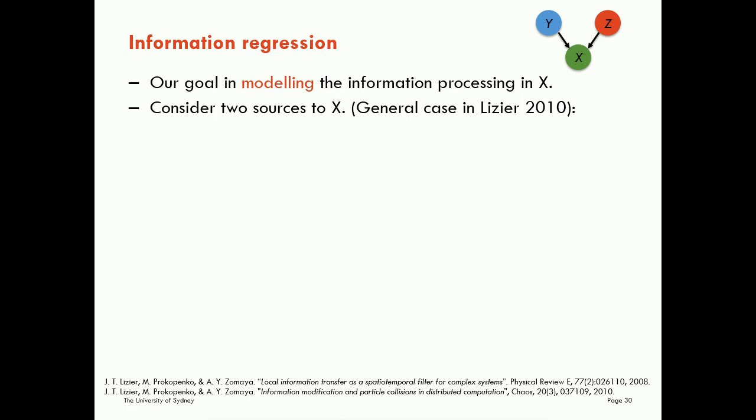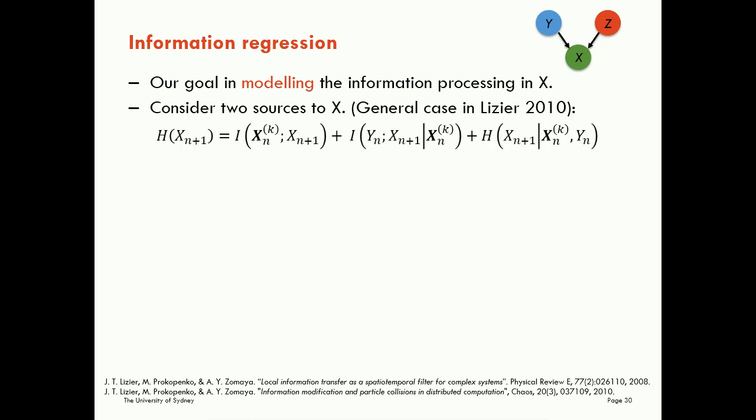So to address that question, I want us to come back to think about our goal here, which was in modeling the information processing in X to create an information regression about that information processing. To do so, let's go to a simple two-source case. We can see the mathematics for the general case in my paper from 2010 below.